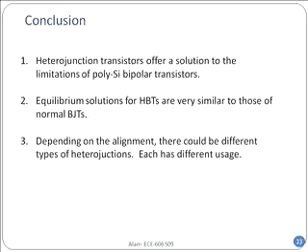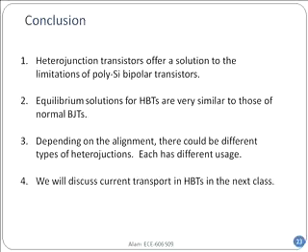That's all type 2. And type 3, well, they don't even talk to each other. They are essentially completely misaligned. Now, for type 2 and type 3, we wouldn't use the classical depletion approximation in order to get the band lineup. We haven't talked at all about current transport, the gain, and all other things. That we will do in the next class.